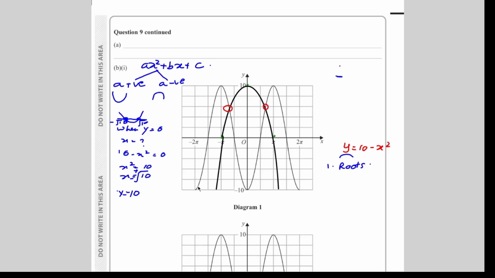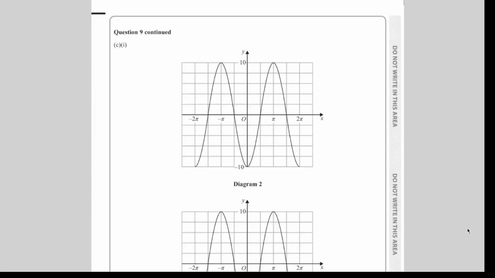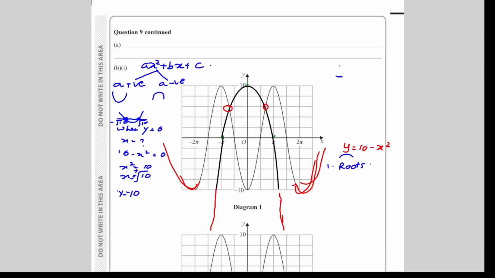No matter how far we go down, we do not get more intersecting points, because the curve turns from this point onwards and keeps going downwards. Therefore there are only two intersecting points.